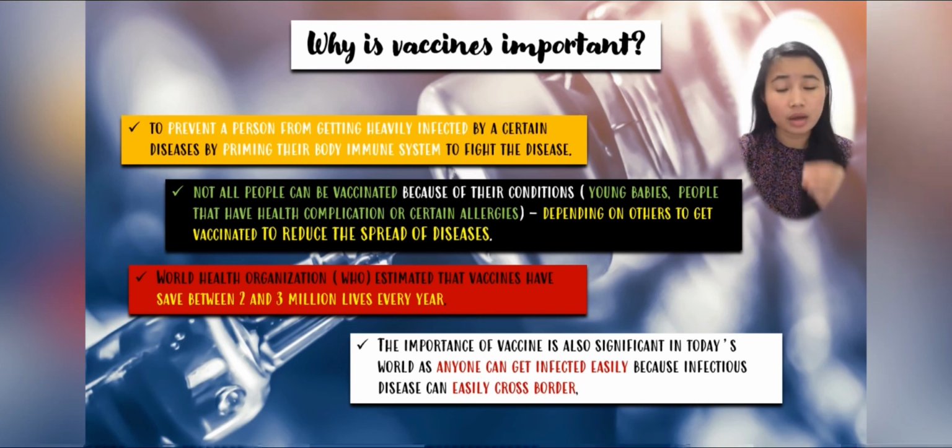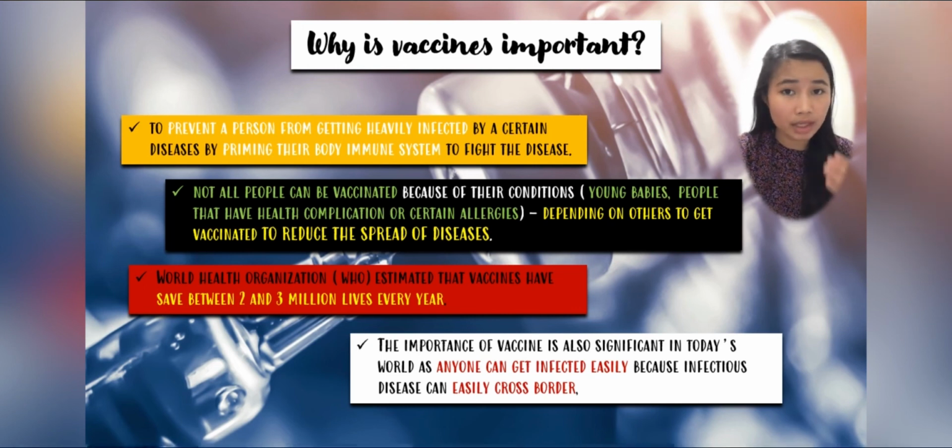Then, there is a high concern that not all people can be vaccinated because of their conditions, for example young babies, people who have health complications, or certain allergies. So these people depend on others, like us, to get vaccinated so that we can help to reduce the spread of diseases.